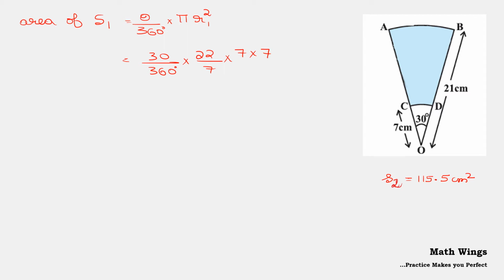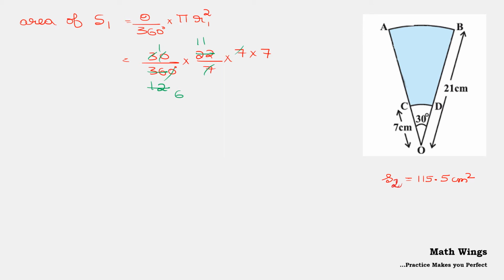So when we go with the cancellation, what will we get? 0 and 0 get cancelled. 7 and 7 we can cancel. So 3 ones are 3, 12s are. So 2 6s are 2, 11s are.